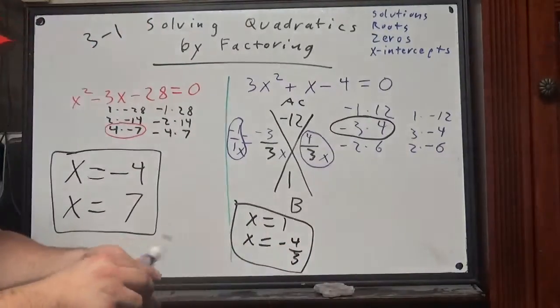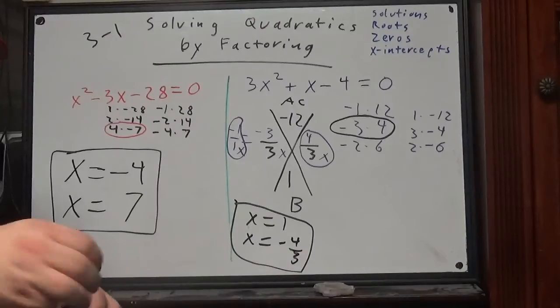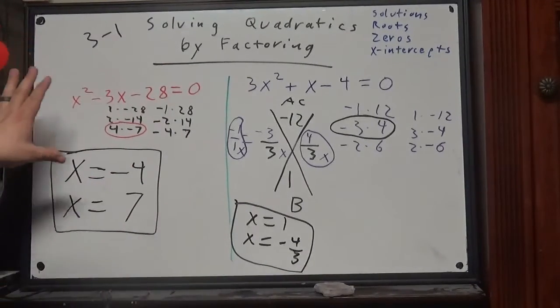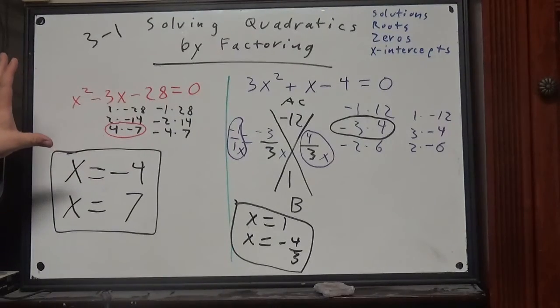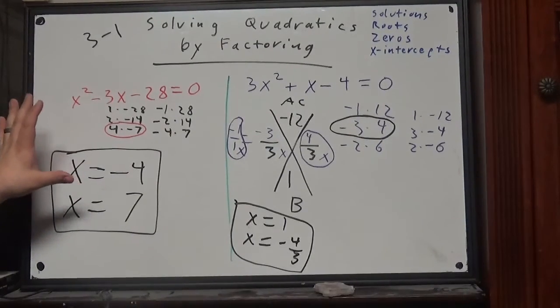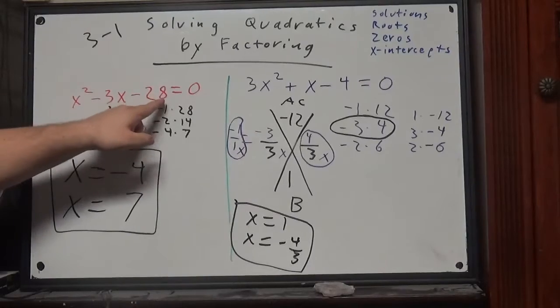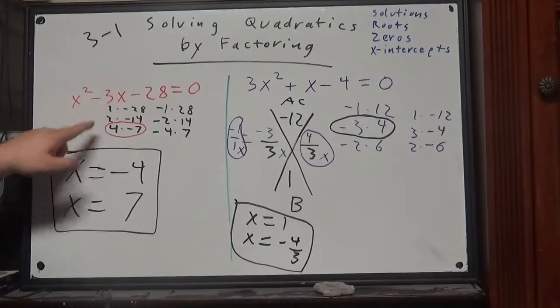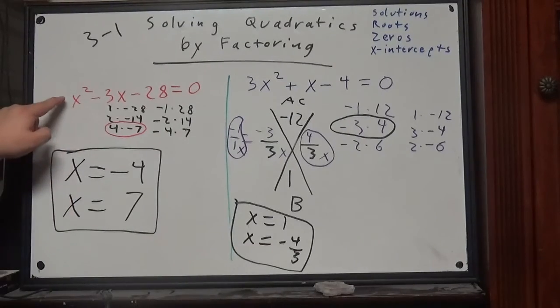When you're solving these equations, you're solving a quadratic in this manner. Go through the process just like when you were factoring. Find factors of your C value, which add to the B value. Flip the signs. That's if A equals 1.